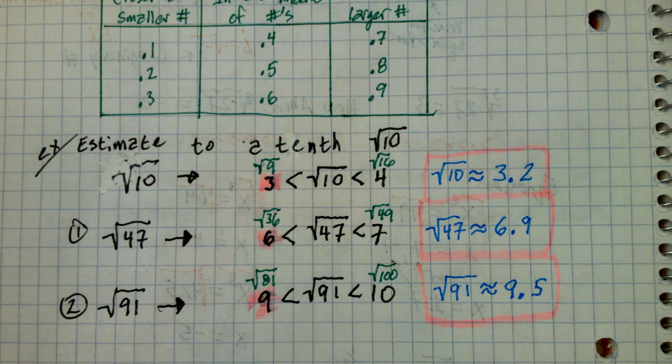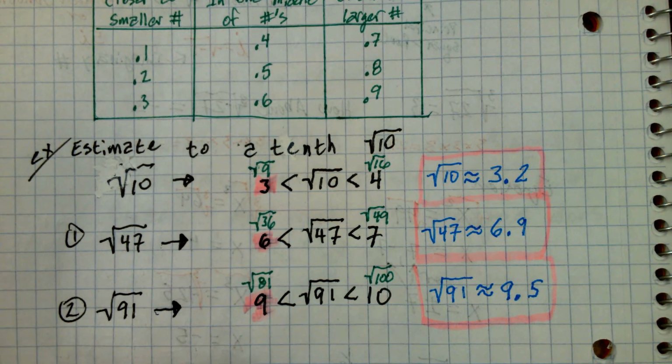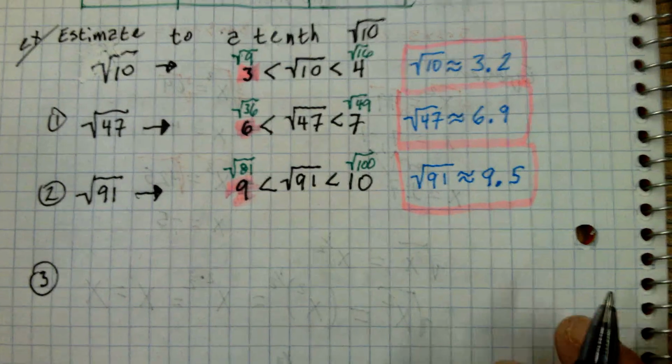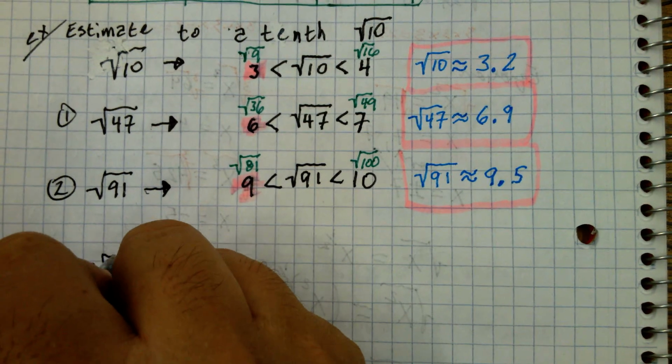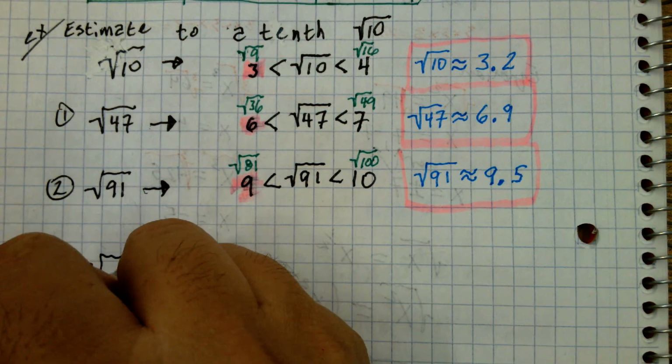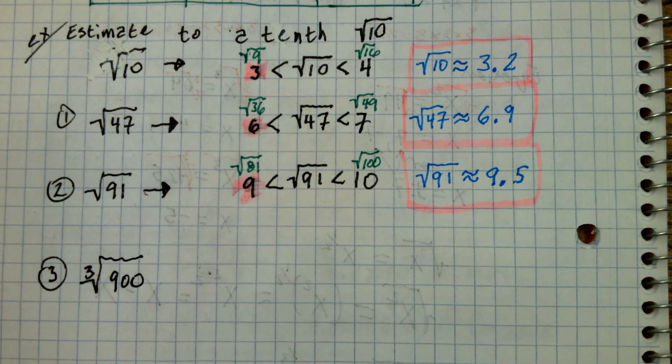Let's do the cube root of 900. Okay, so now we're looking at the perfect cubes.